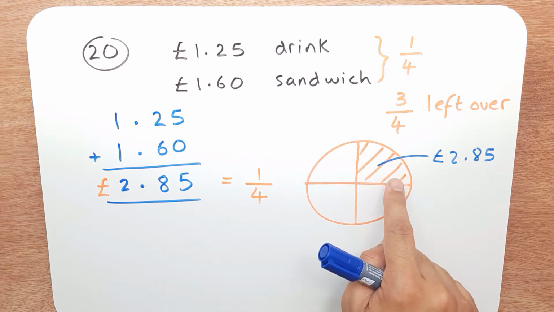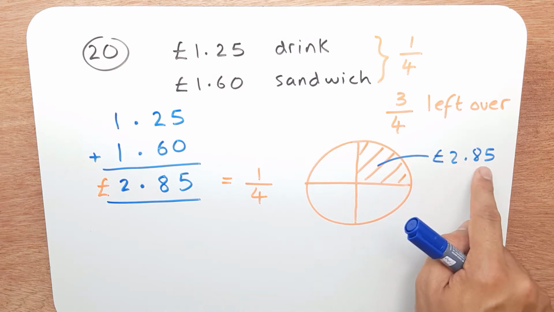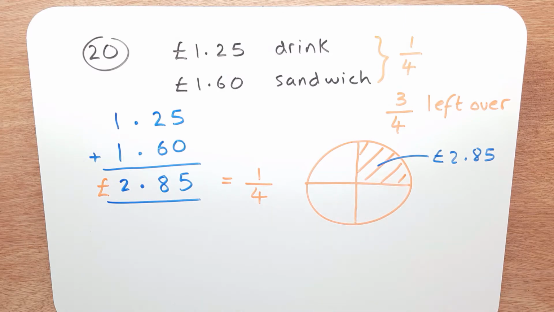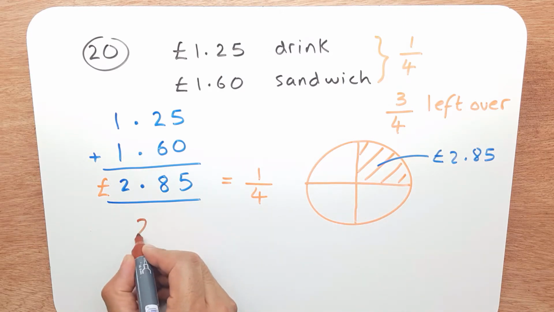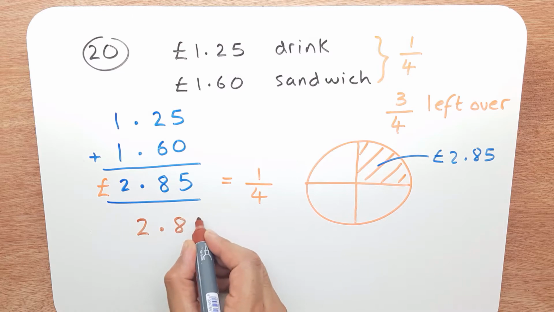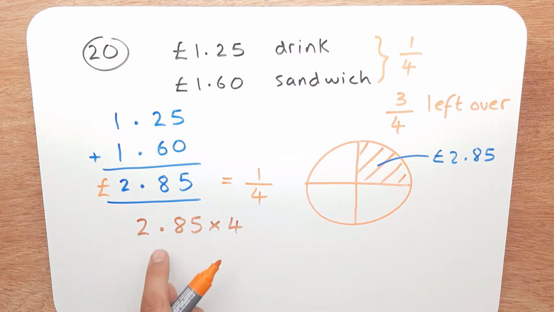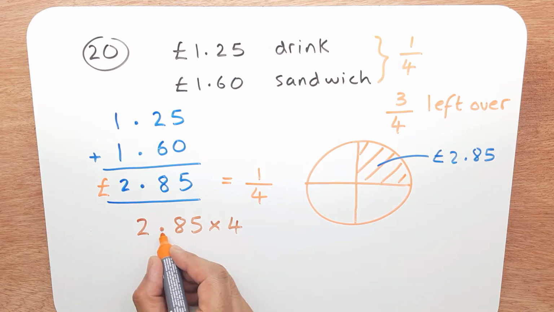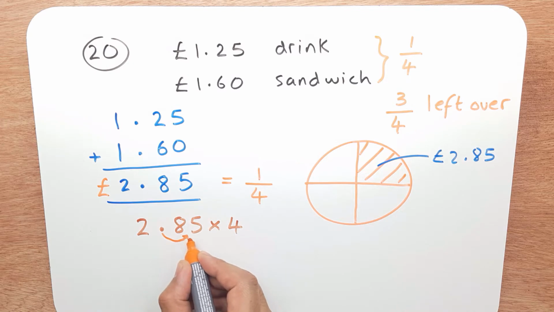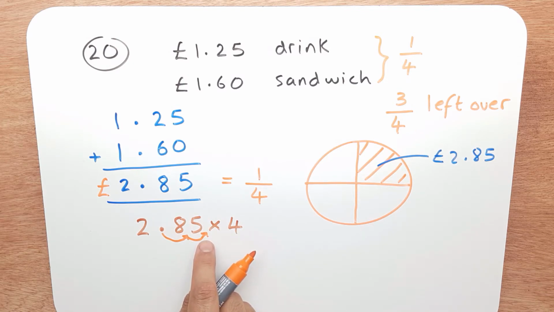So our calculation will be £2.85 times 4. So let's do that here. £2.85 times 4. Now again, what I like to do is remove this so I've got a whole number. So I'm going to move this decimal point 2 places to the right.